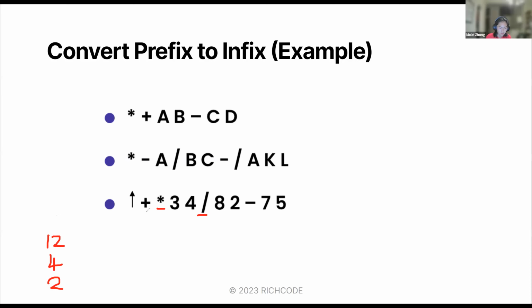And we have a plus sign, so we take out 12 and 4, and 12 plus 4 is 16. And then last, we have an exponentiation. So this becomes 16 to the power 2, so we take out the 16 and 2, and that becomes 256. So it looks like everybody got it right.